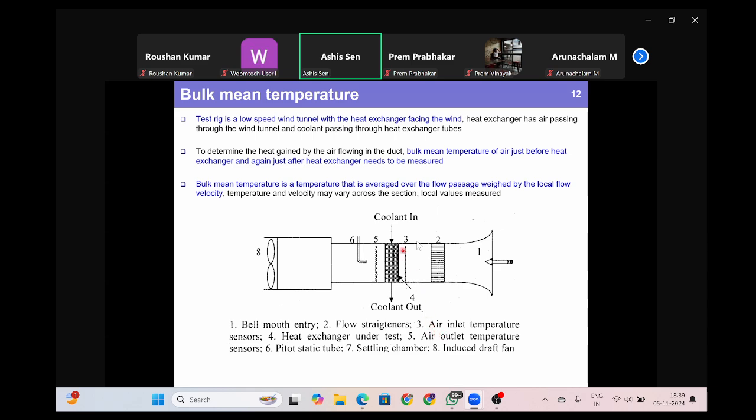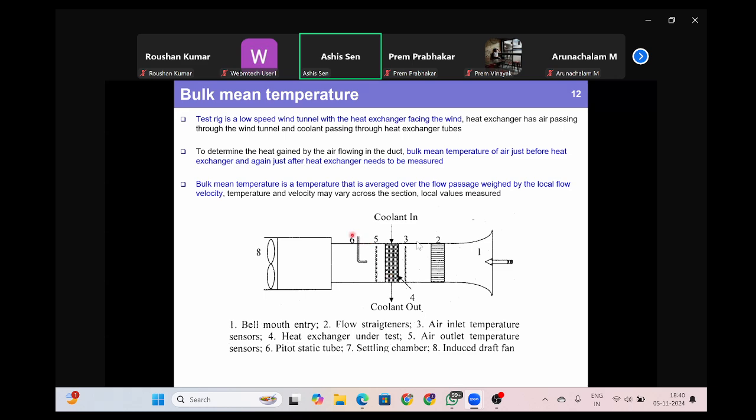And then you have a heat exchanger here, where these are heat exchanger coils or tubes. You have coolant in and coolant out. You are measuring the temperature of air before the heat exchanger at station 3 and after the heat exchanger at station 5. Okay. And this is the heat exchanger.